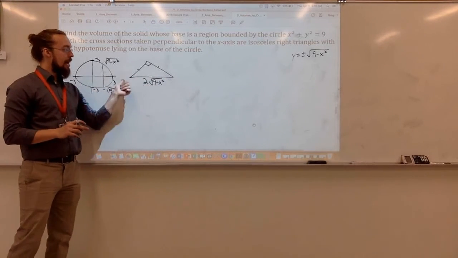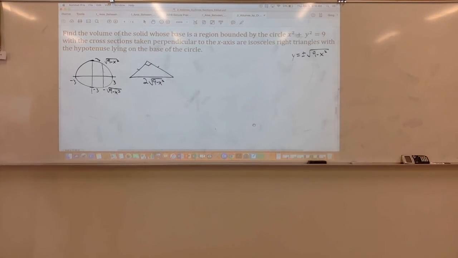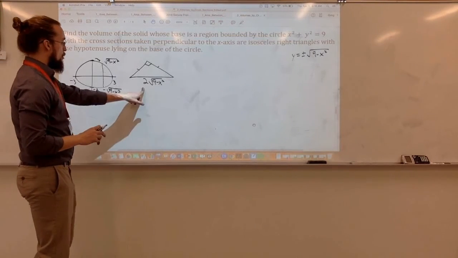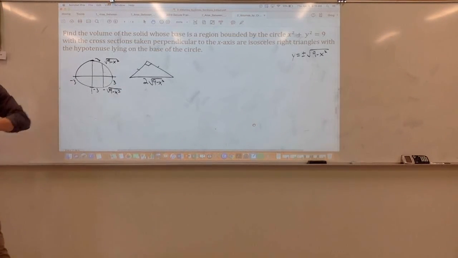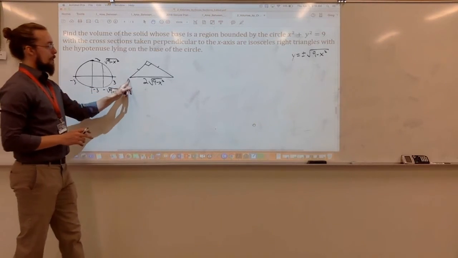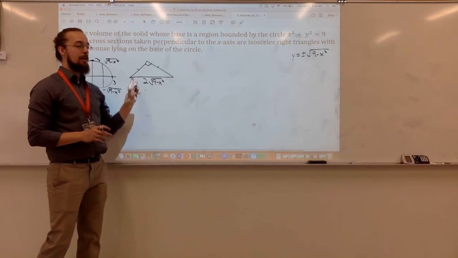Now, from that information, how can I express the area of this isosceles right triangle? Well, this is the hypotenuse, right?